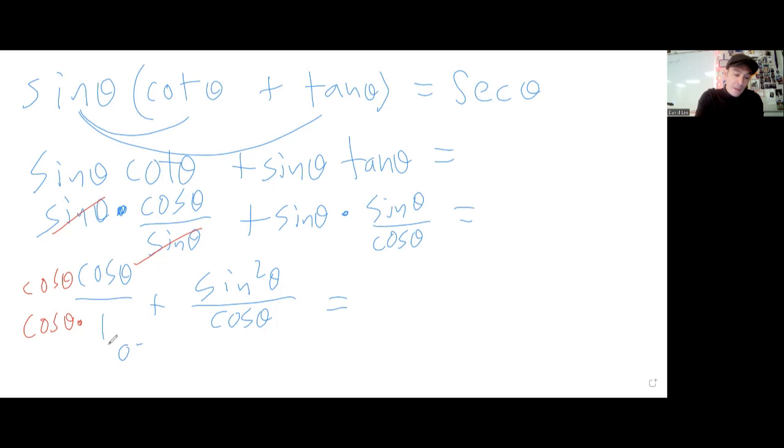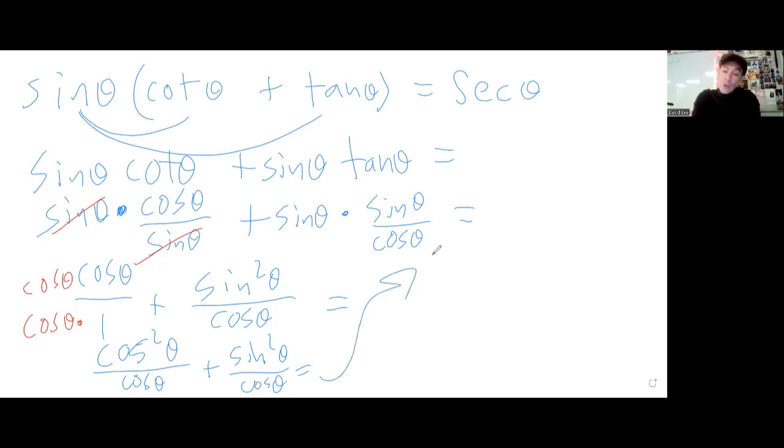So we would have cosine squared over cosine plus sine squared over cosine. So now we have a common denominator, so we can combine the 2 fractions into 1. And so that would go cosine squared theta plus sine squared theta over cosine theta equals blank for now.